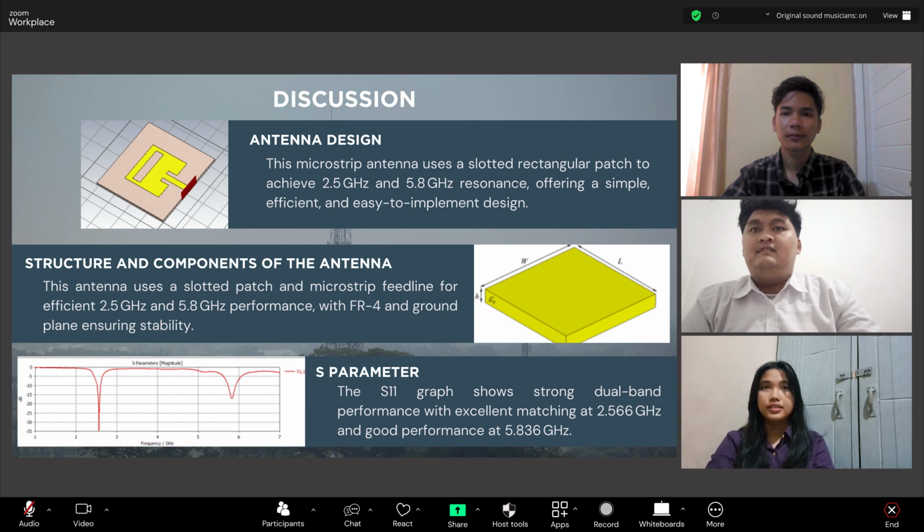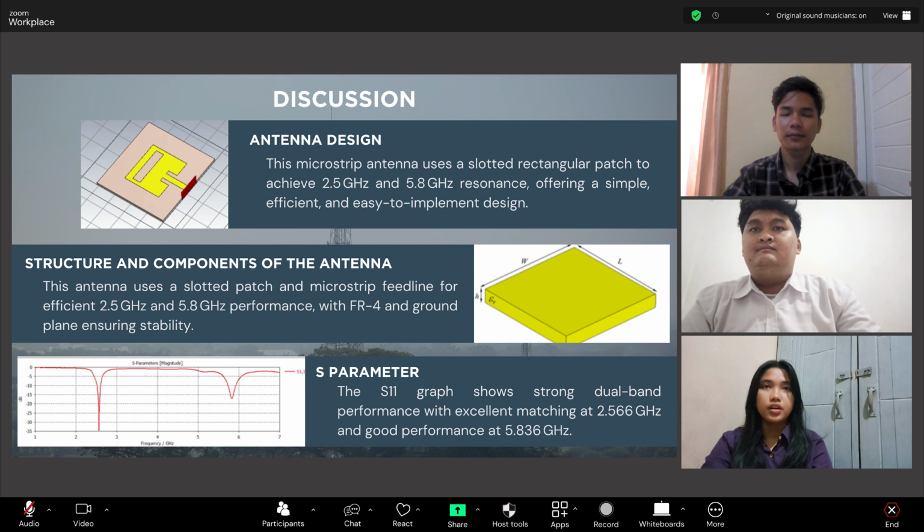The ground plane acts as a return path for the signal and stabilizes the radiation pattern. Its size and position affect key parameters like return loss and resonant frequency. The last one is the substrate. The substrate separates the patch from the feed line and influences bandwidth and impedance. This design uses FR4 due to its affordability and suitability for Wi-Fi.